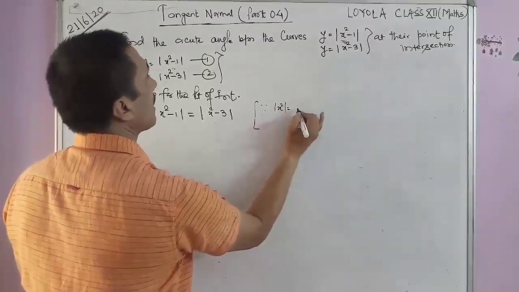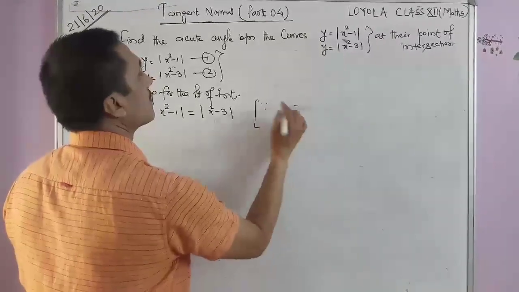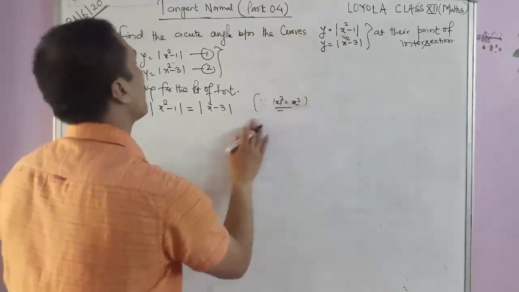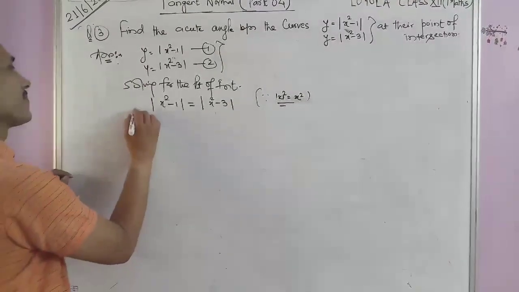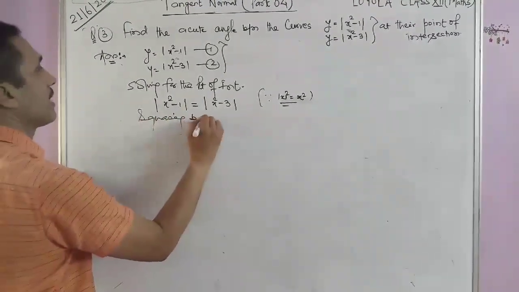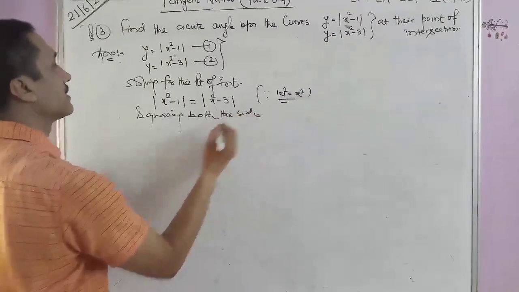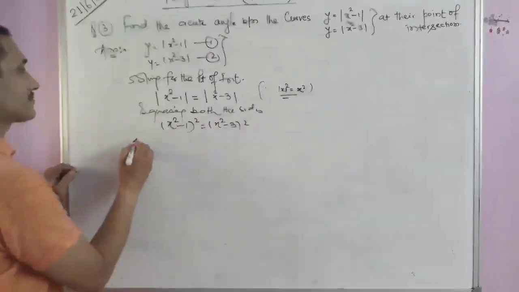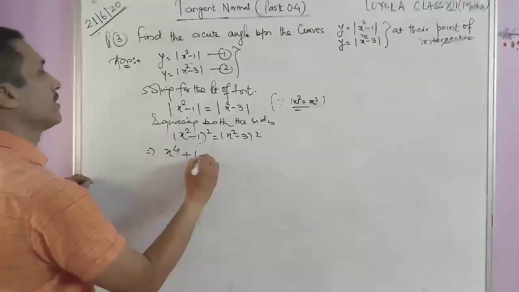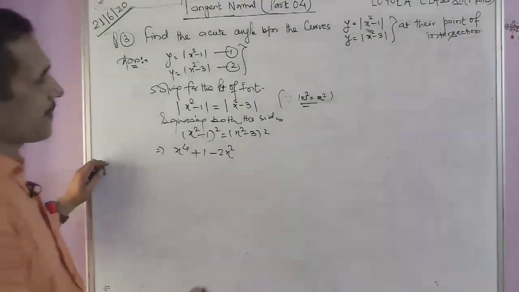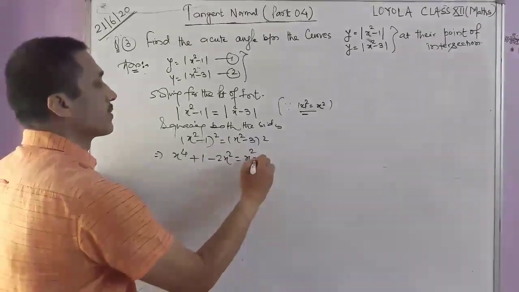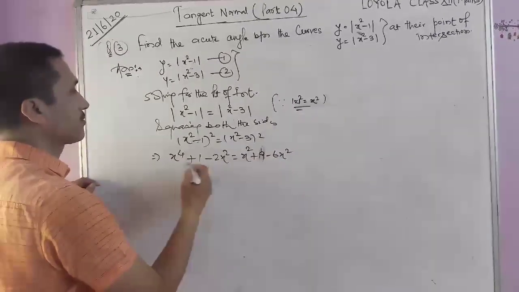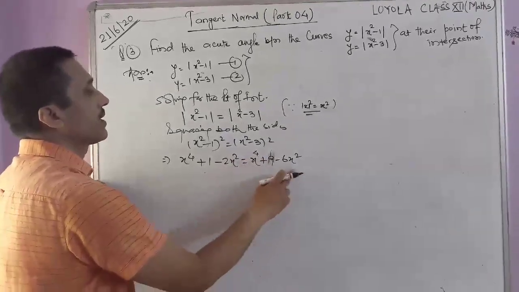Since modulus of x square, mod x whole square and x square are both equivalent, squaring both sides: (x square minus 1) whole square equal to (x square minus 3) whole square. x to the power 4 plus 1 minus 2x square equals x to the power 4 plus 9 minus 6x square.